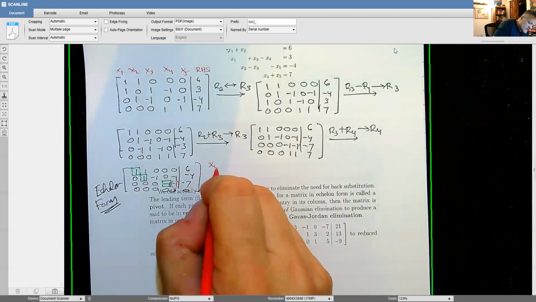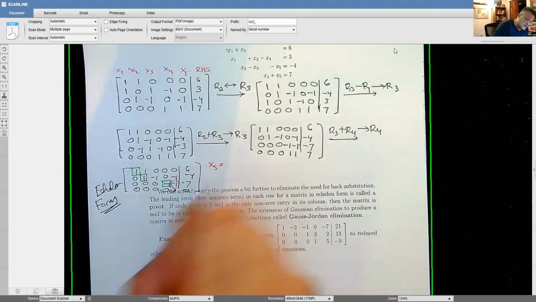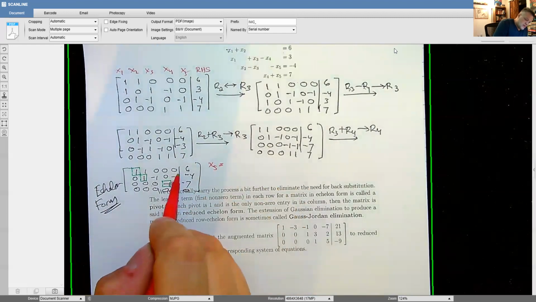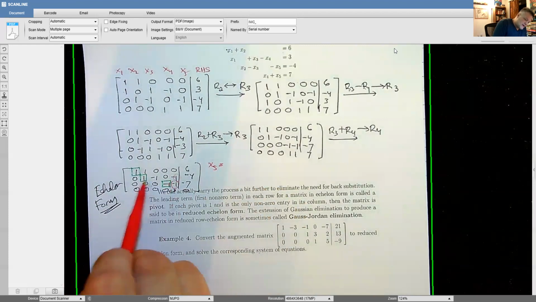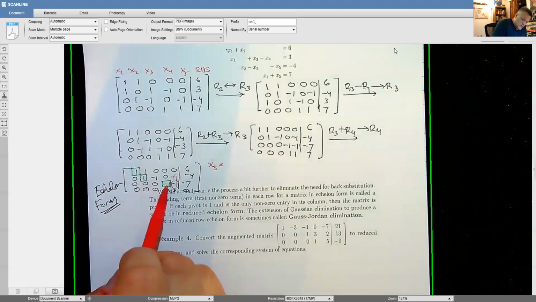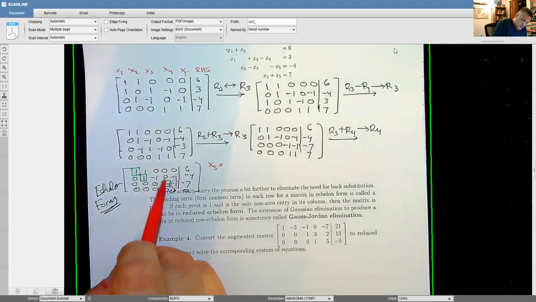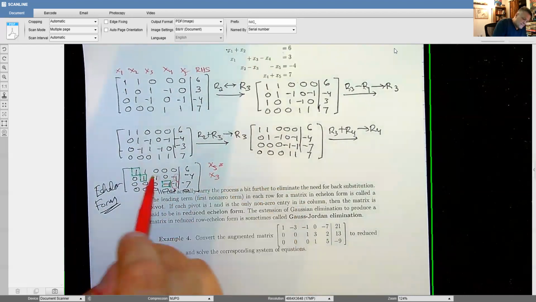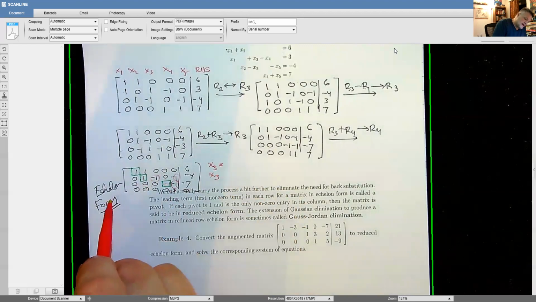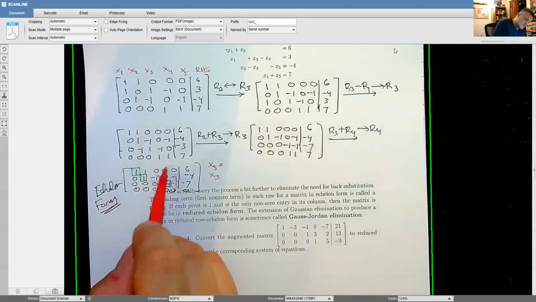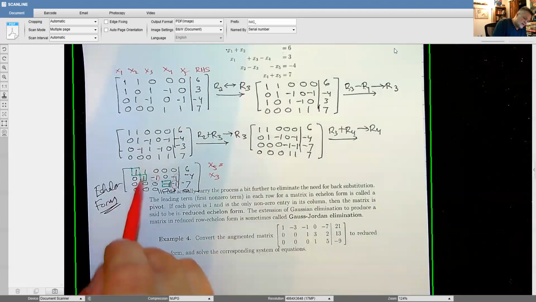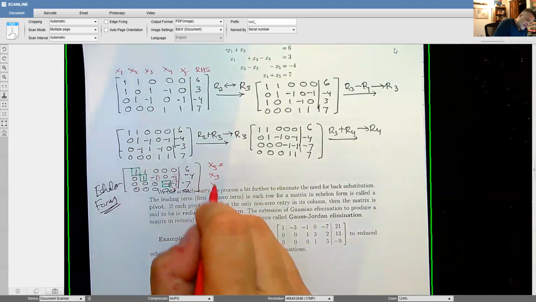So let's let x5 be a free variable. But up here, we know that x4 is not free because it's determined there, but x3 is also free, right? So I've taken care of that guy. This is not free. That is not free. That's free. This guy has to be free.